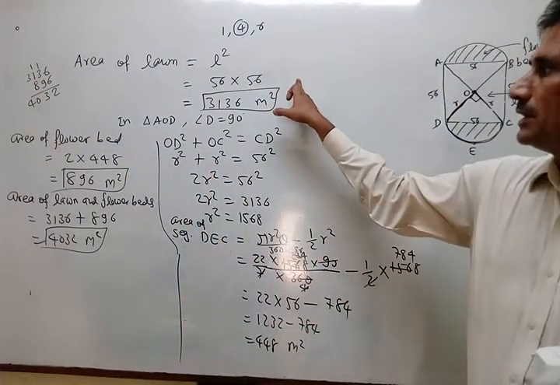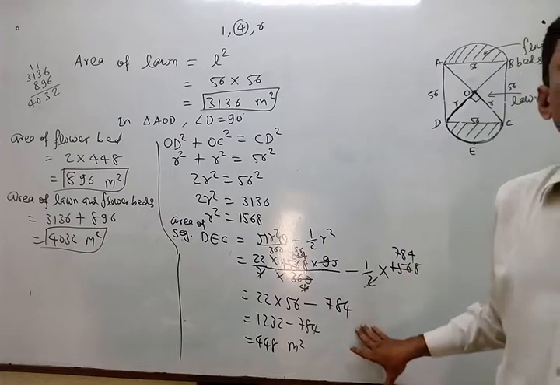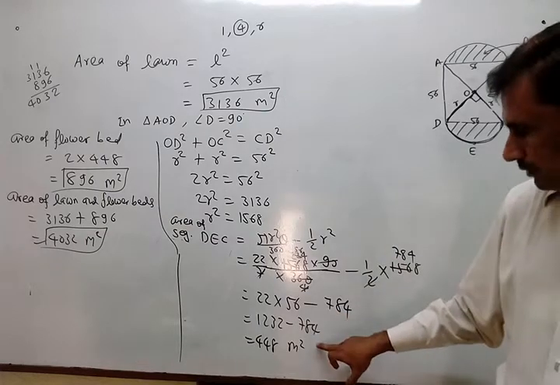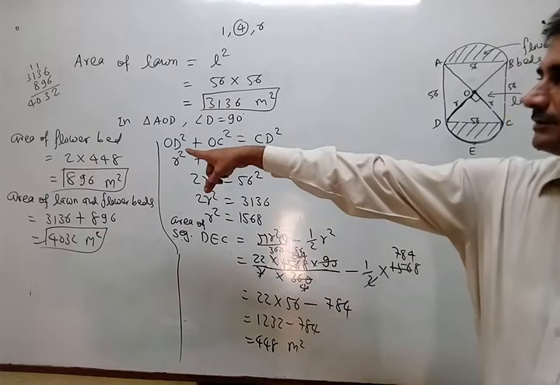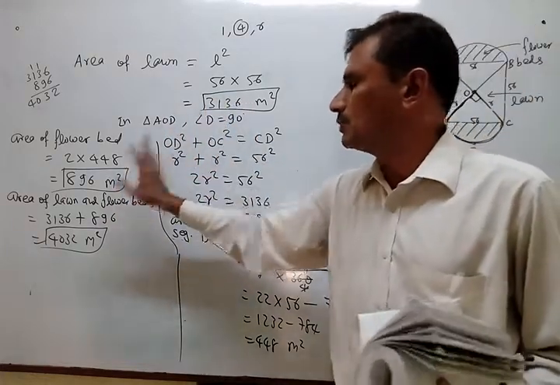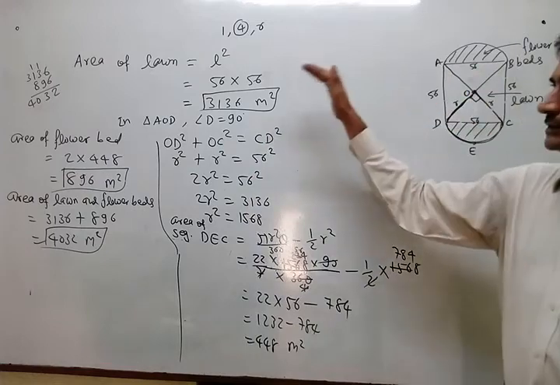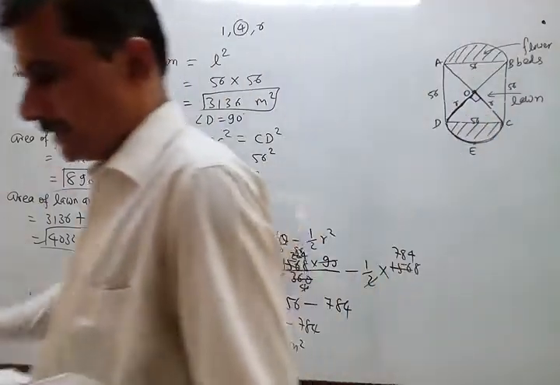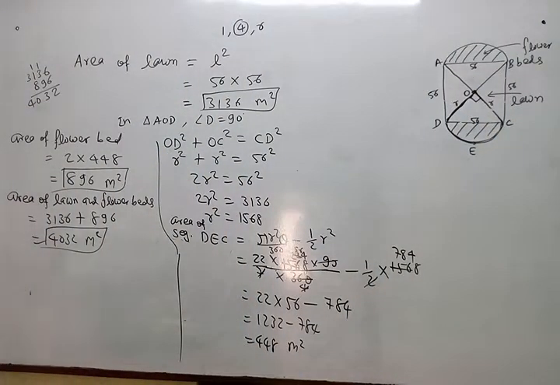First of all the lawn, then the flower beds, not the whole flower beds, only one part, then make it twice. After this, make the total of both. So just read carefully and try to understand. Don't look at their textbook solution. You should not write it, but try to understand.